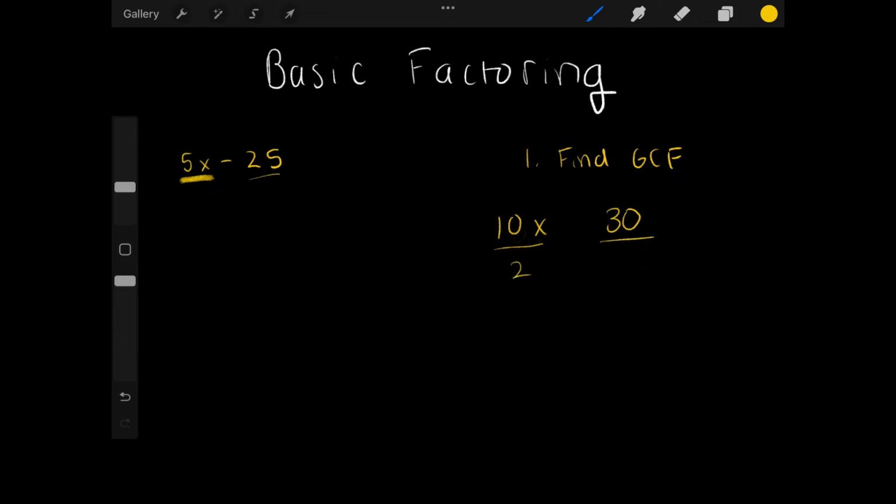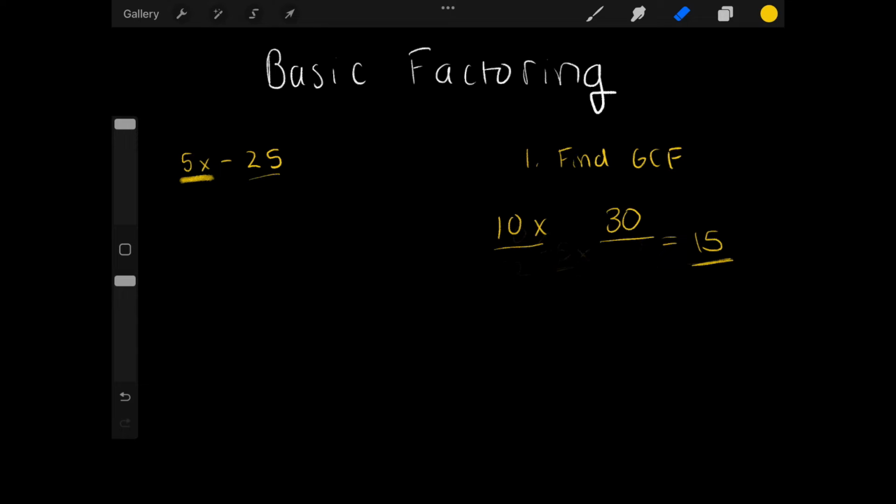So if I divide both of these by 2, I'm going to get integer values, 5, and then you have your x, and your 15, right? So these aren't rational numbers. Well, they are rational, but they're also integers. So the 2 is a factor of 10x and 30. That is a true statement, and you could say that.